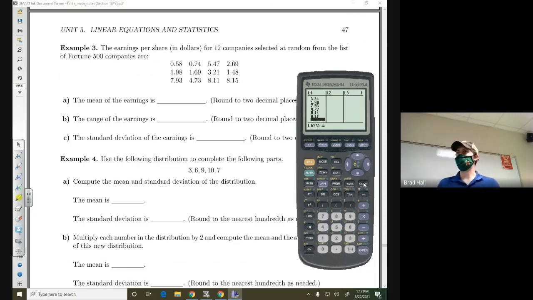And once you have all that typed in, second in mode to quit out of it. So back to the main screen. Click on stat again, over to CALC, enter, enter.